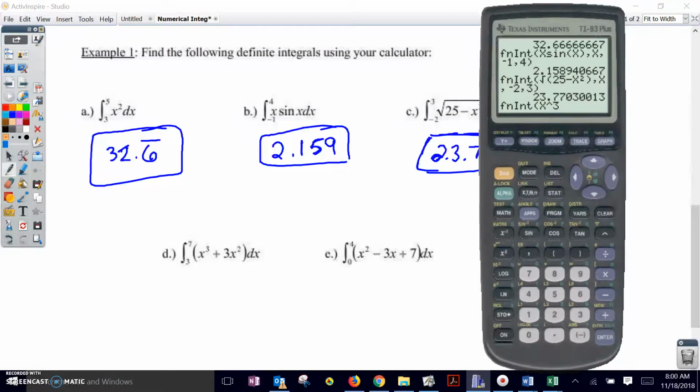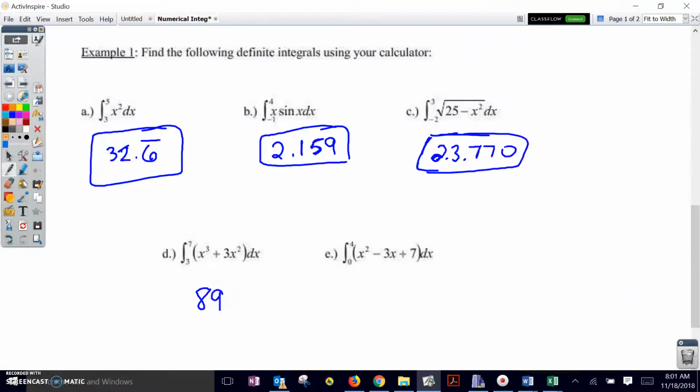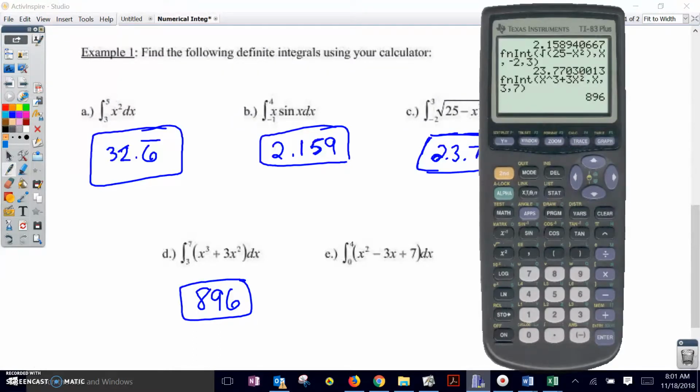Alright, x to the third plus 3x squared with respect to x from 3 to 7. Oops, missed a comma. And we get 896 for that one. And the last one, x squared minus 3x plus 7 with respect to x from 0 to 4.